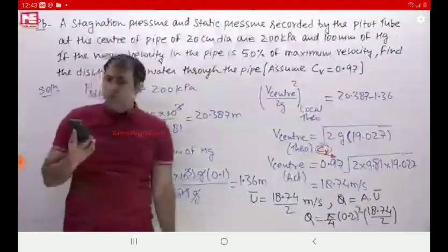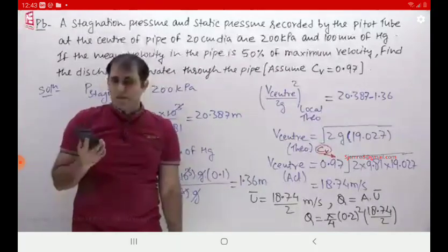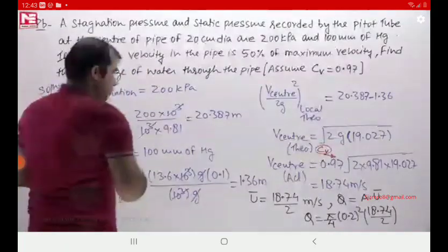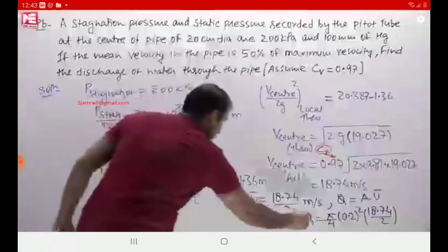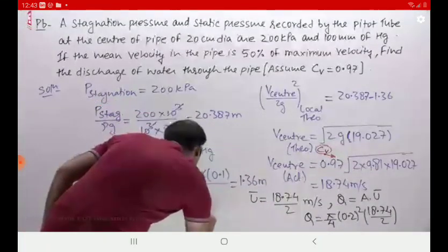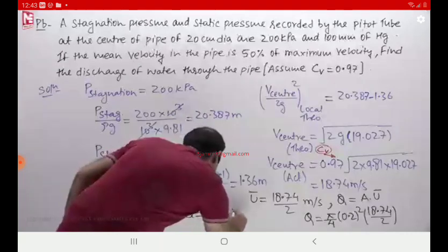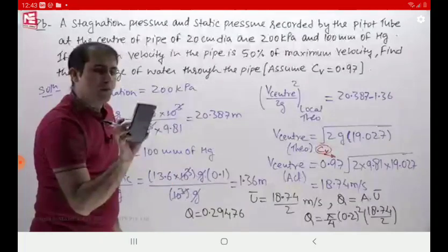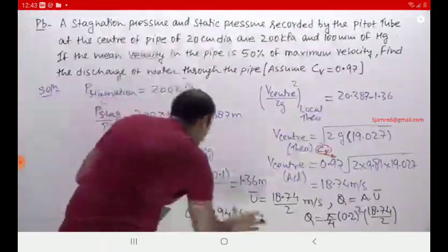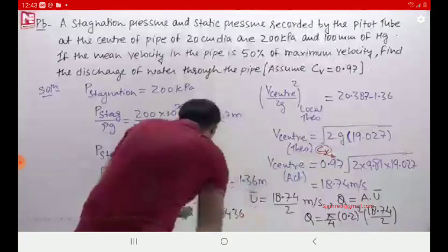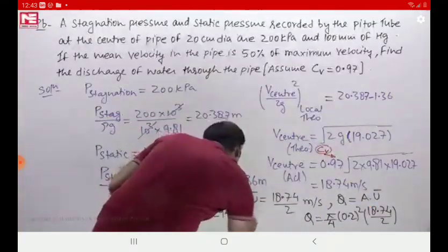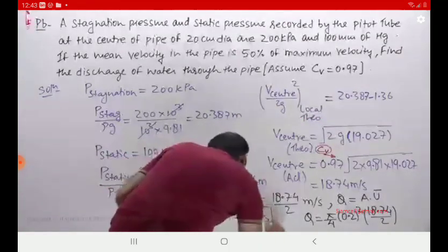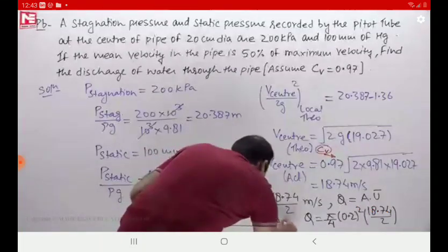My answer is coming 0.29436, 0.294367, 3637 मीटर क्यूब पर सेकेंड. So this is the final answer.